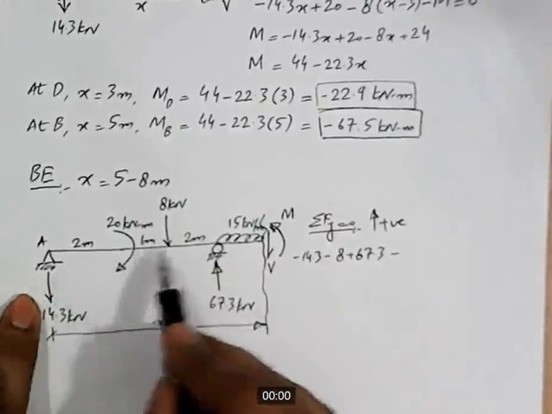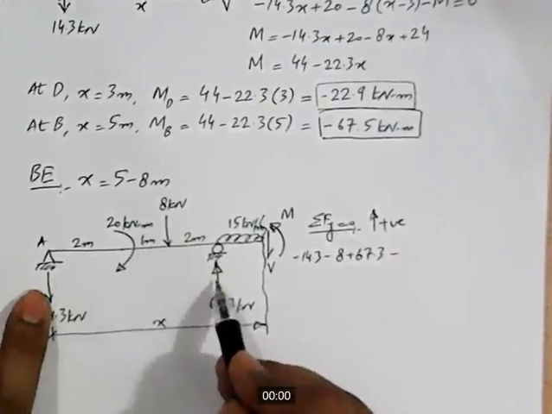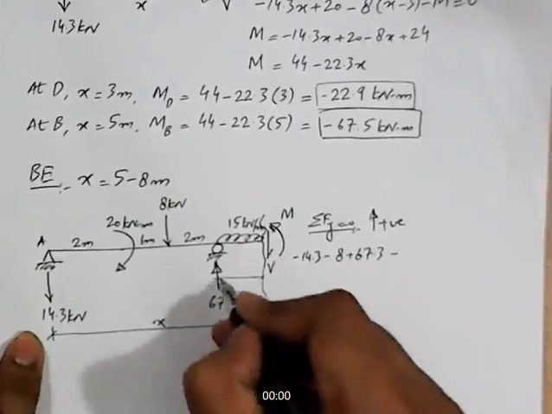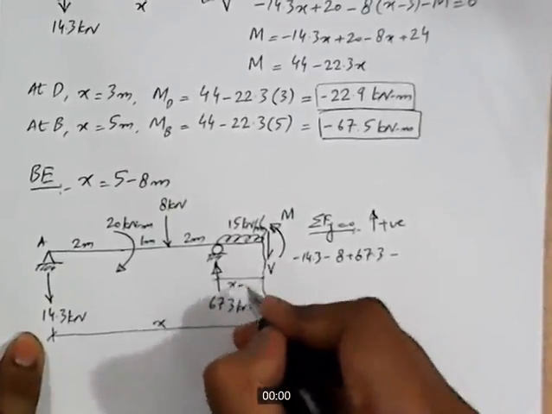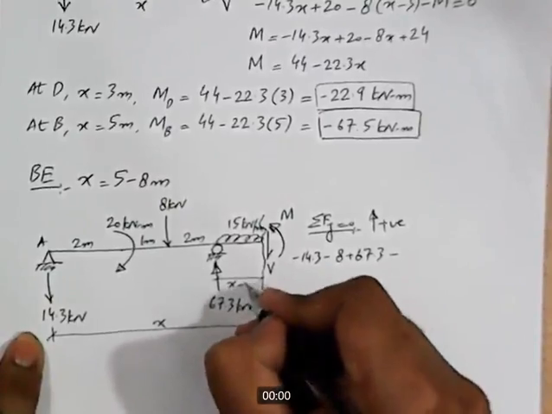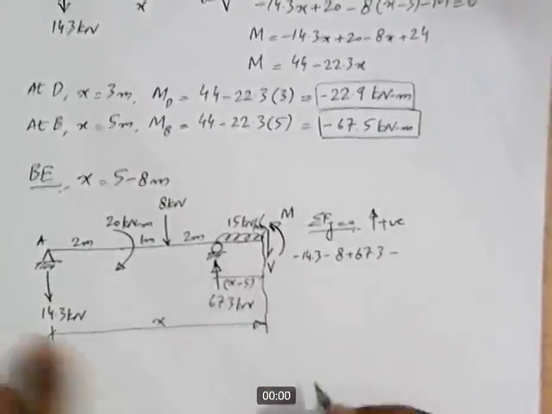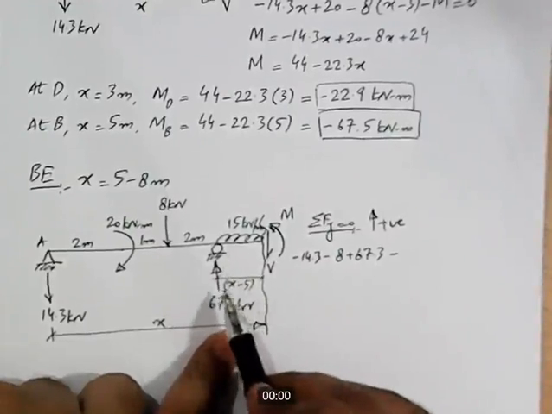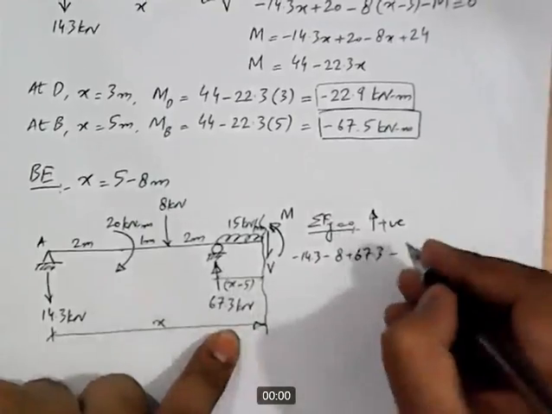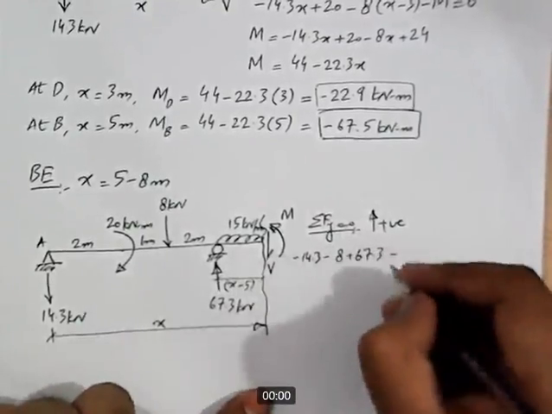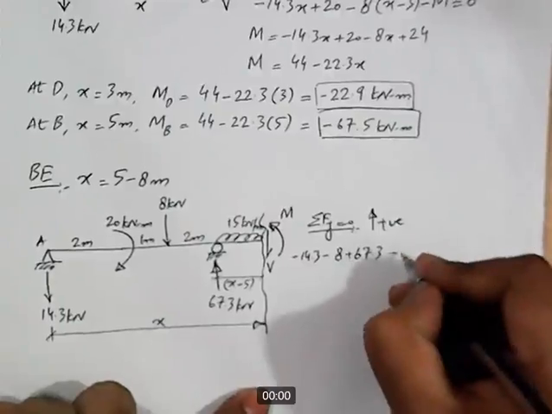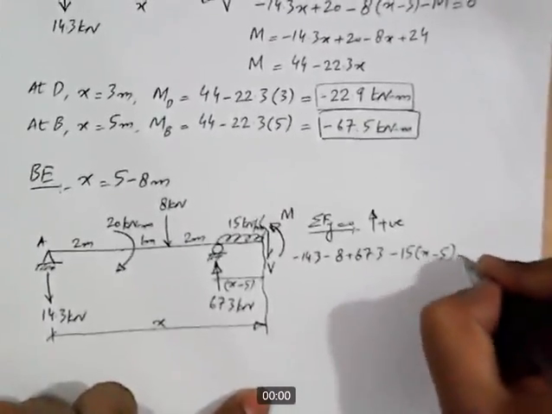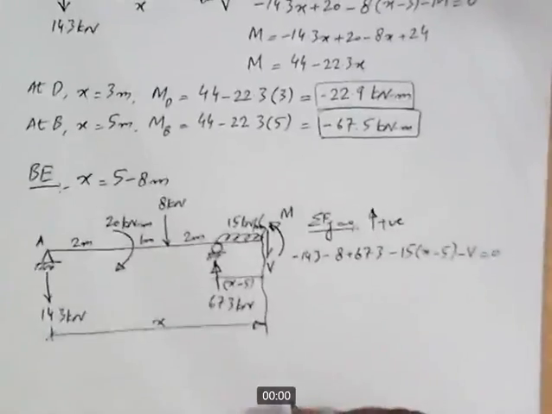It is 2 plus 1 plus 2, 5. This much is 5 and this much is X. So this distance will be X minus 5. So this UDL is acting over a length of X minus 5. We'll write it down, minus 15 into X minus 5, and then minus V equal to 0.